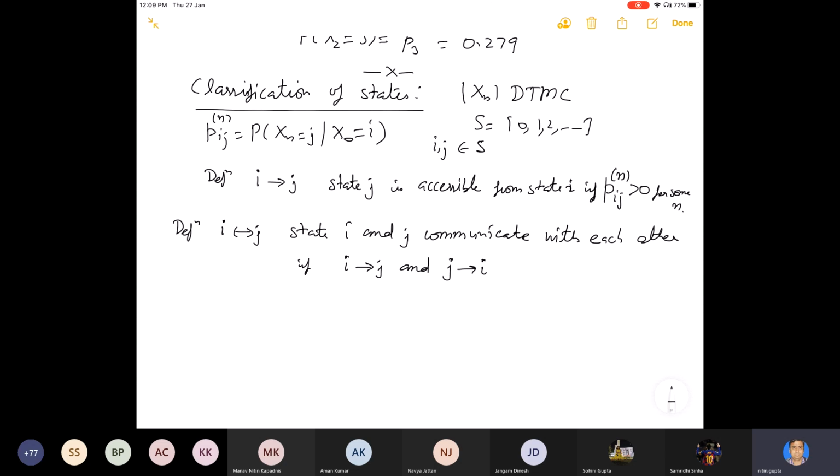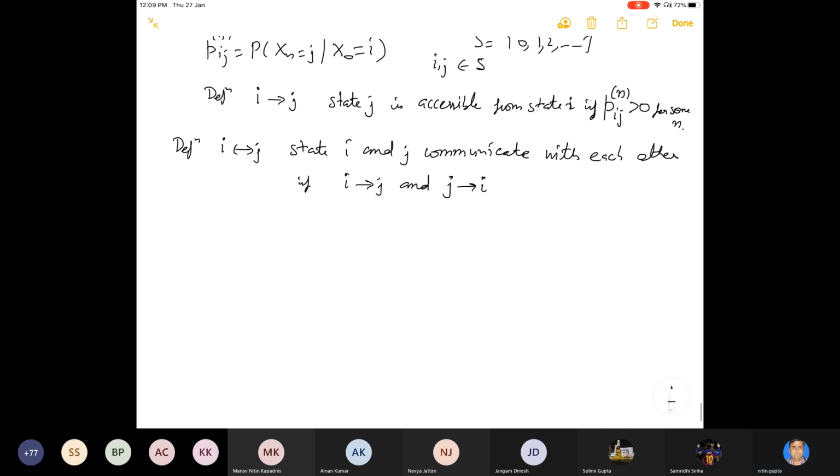If this happens, then we say that they communicate. It is easy to show that if i and j communicate, and j and k communicate, this implies that i and k also communicate, where i, j, k are states.